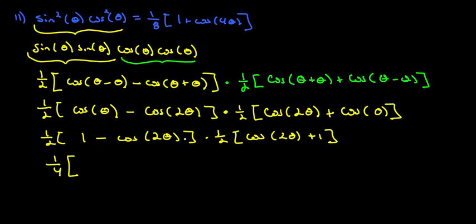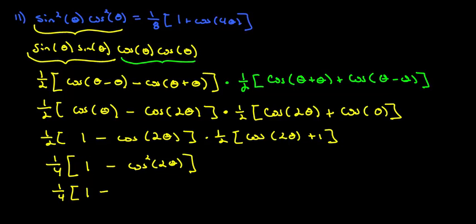Now 1 minus cosine 2 theta times 1 plus cosine 2 theta, if I distribute this, should give me 1, and then minus cosine 2 theta squared like that. Okay, so now this is 1/4 times 1 minus.